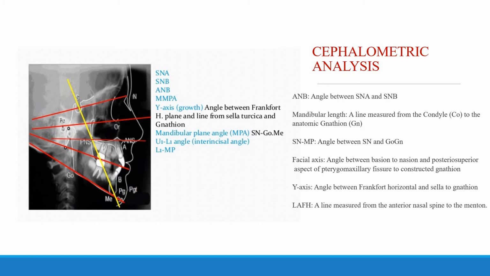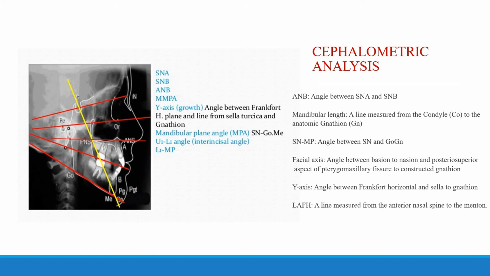These are the reference lines and landmarks to be analyzed, and the main reference lines that we use are from Steiner analysis. This is the most commonly used cephalometric analysis.